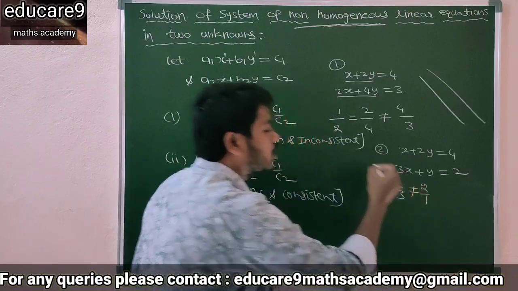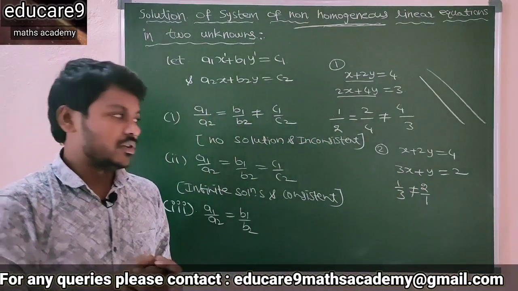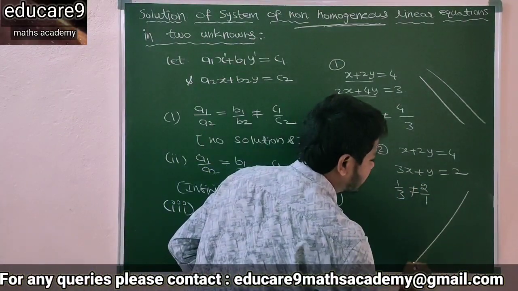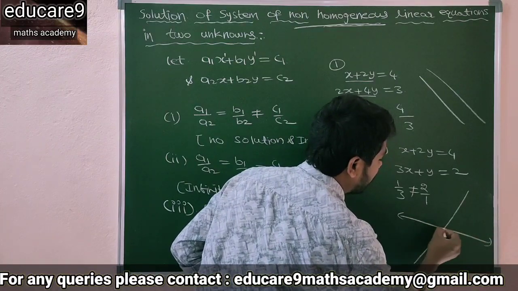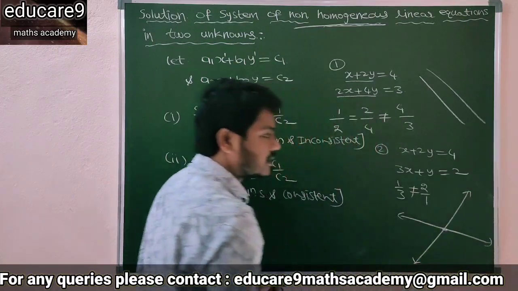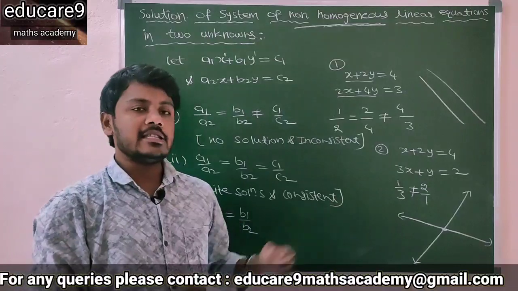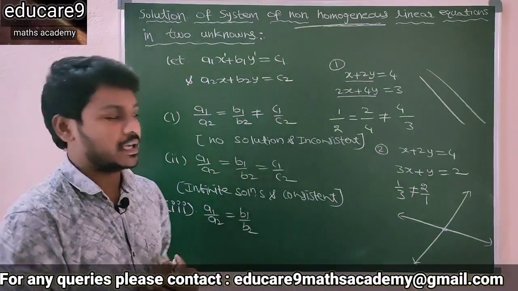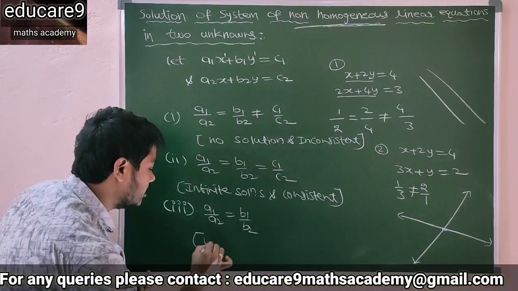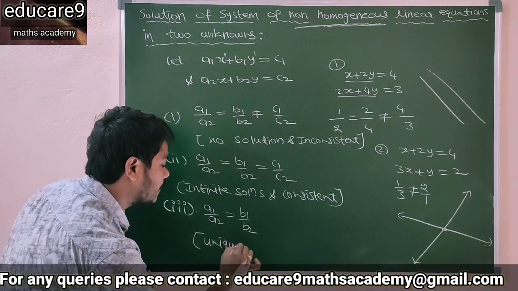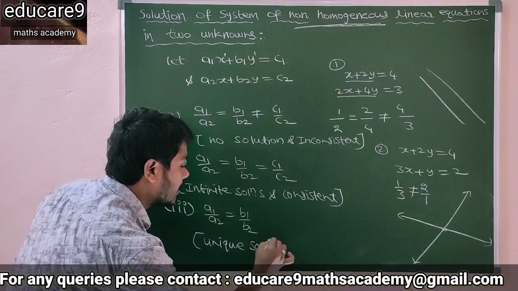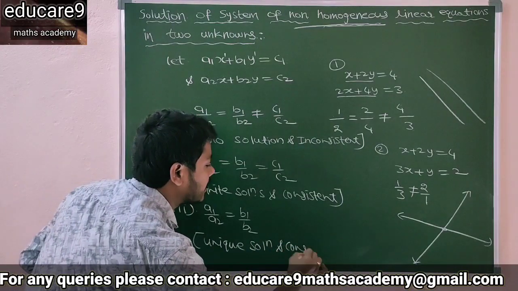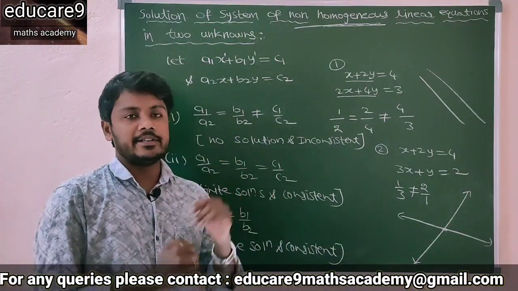Clearly both are not equal. In this case both lines intersect at one point. So the system of equations has a unique solution and is consistent. These are the three conditions.